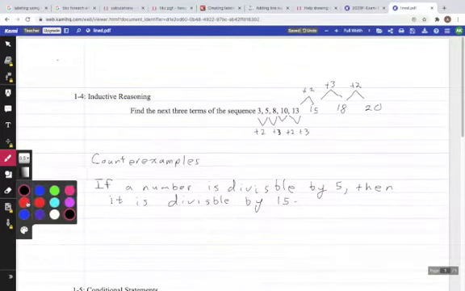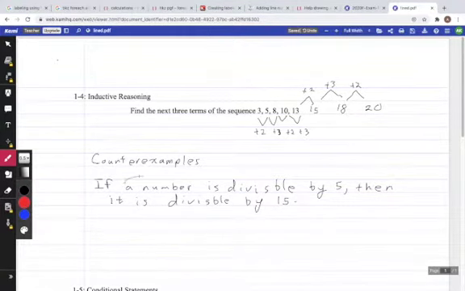But remember, for us to actually have a counterexample, this part has to be true. So we need a number that's divisible by 5. In fact, let's be lazy and pick 5. And then once we have this, we've shown that it's divisible by 5, we now try to divide that by 15.